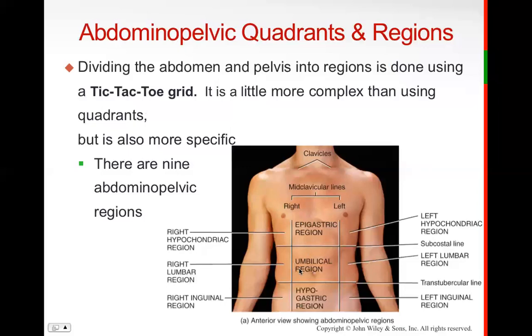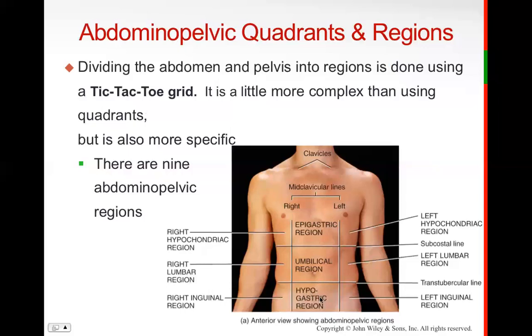I mean, if you start with umbilical region, that will probably be pretty easy. That's right in the middle of the tic-tac-toe. And then when you learn your vertebrae, you've got your lumbar vertebrae and ribs. So this would be the right and the left. Then we have the right hypochondriac region and the left hypochondriac region, and the epigastric region, which would be upper center.